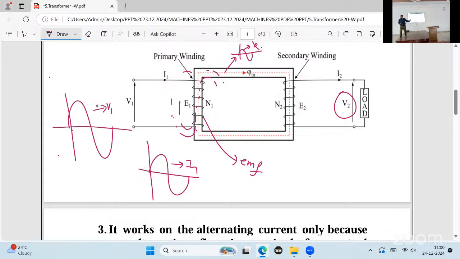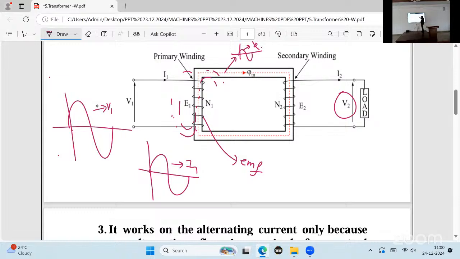Now the same flux links with coil 2. Again Faraday's first law. What is the first law? Change in flux links with coil 2, N2.